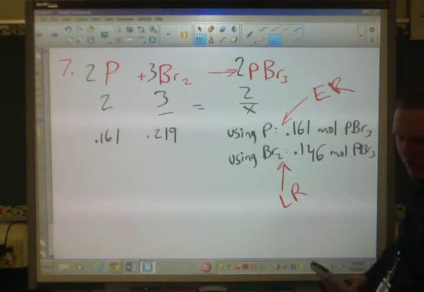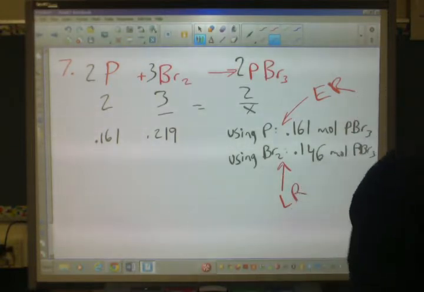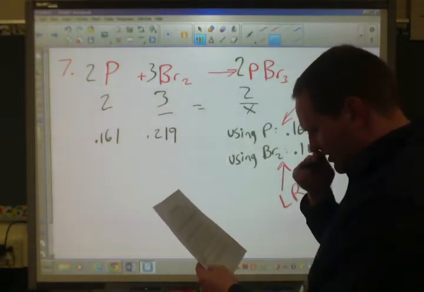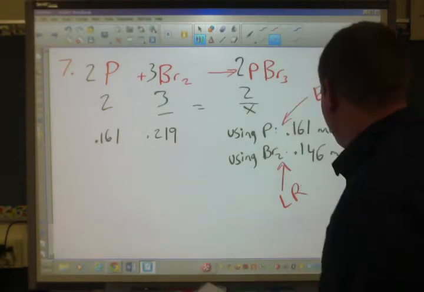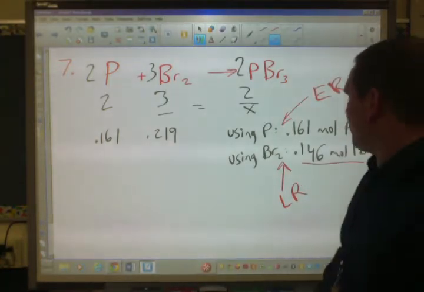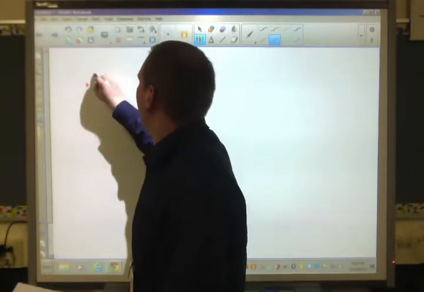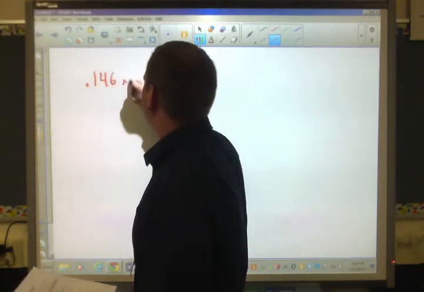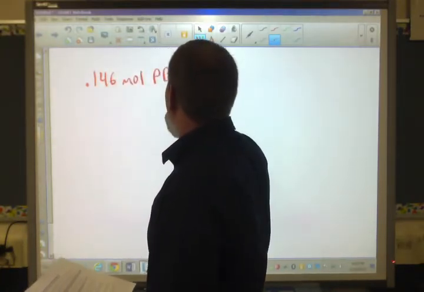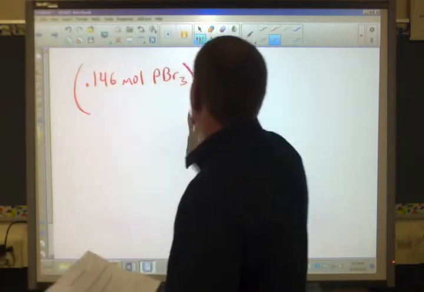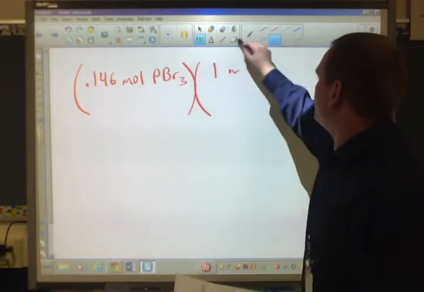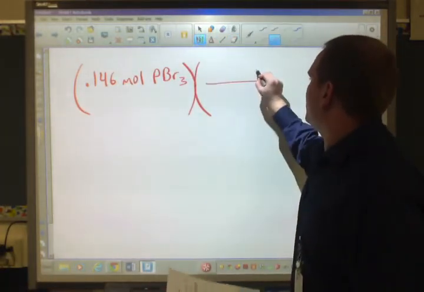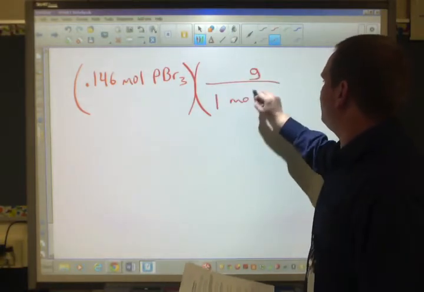All right, the question though asks, how many grams of PBr3 could be produced? So this is the moles, you have to convert this to grams. 0.146 moles PBr3 times 1 mole, no, again, same mistake. It's grams over 1 mole.